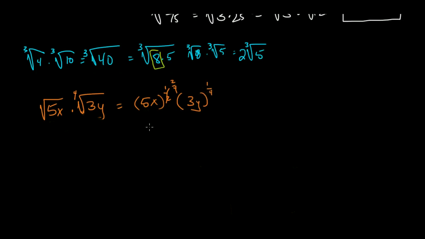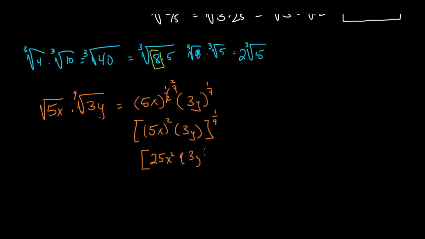So I can rewrite these as 5x quantity squared times 3y, and all of that gets raised to the 4th power. Well, 5x squared, now we can simplify just a little bit. 5x squared is 25x squared times 3y. All of that's being raised to the 1/4 power.